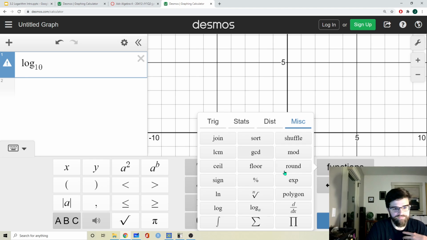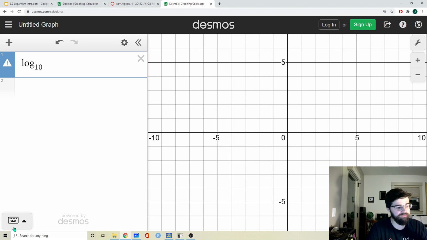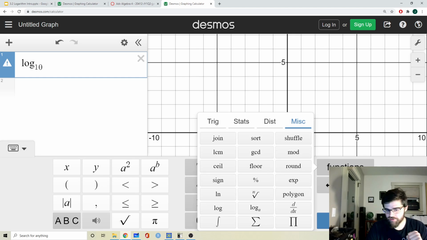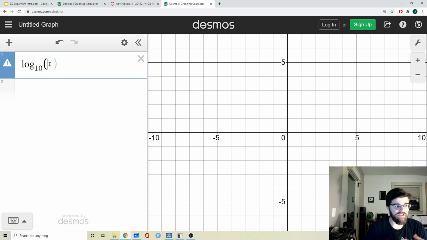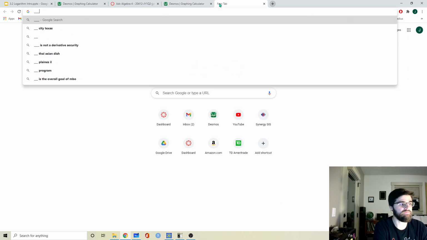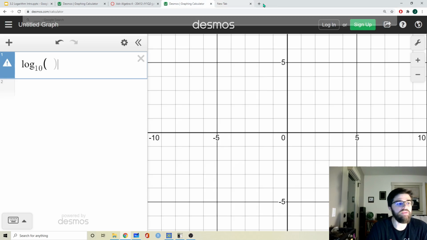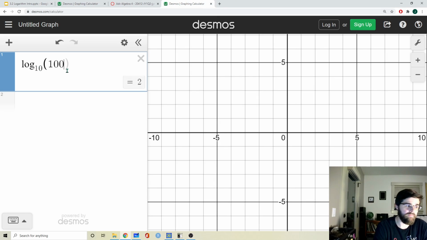You have to open the keyboard on Desmos, go over to functions, and then log base, and that'll let you type in whatever you want. A shortcut for this is to use the underscore button. It's the key next to your 0. Anyway, that's a shortcut. Then you can type that in and Desmos will tell you the answer is 2.